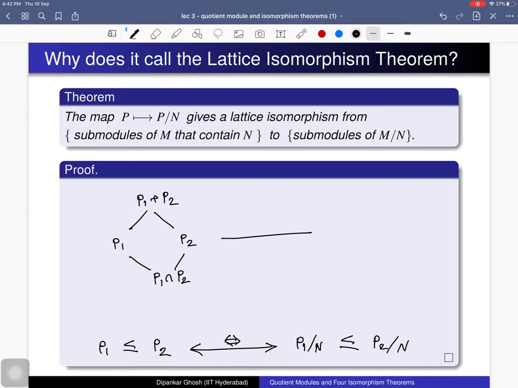So then there is a one-to-one correspondence between the diagrams of these two lattices.